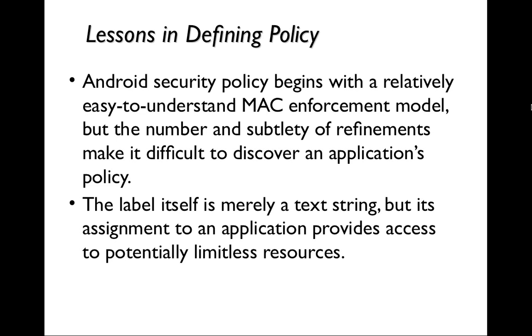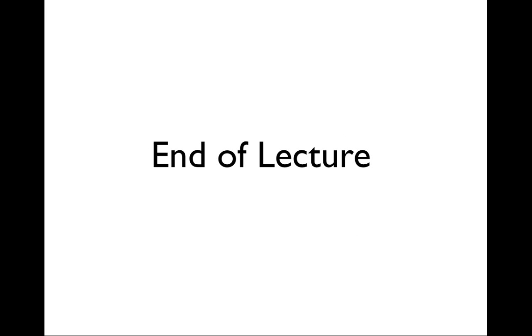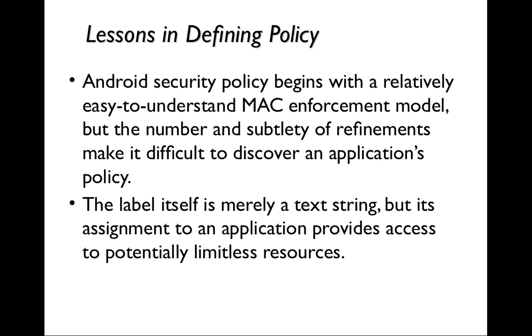A label itself is merely a text string, but its assignment to an application provides access to potentially limitless resources. As an example, the label internet allows internet access. It's just a simple text string that you're putting into a manifest, but it essentially opens up your entire application to the internet. It's a simple little text label, so it's kind of deceiving about how the policy actually works.